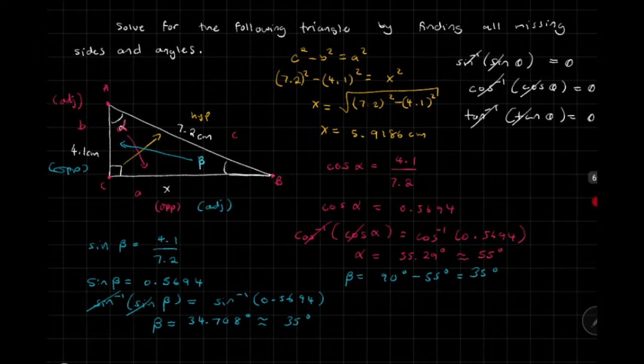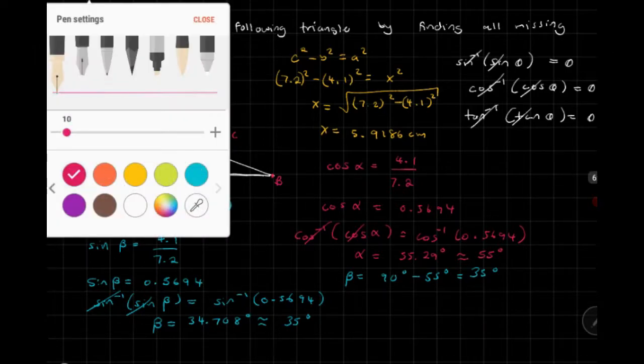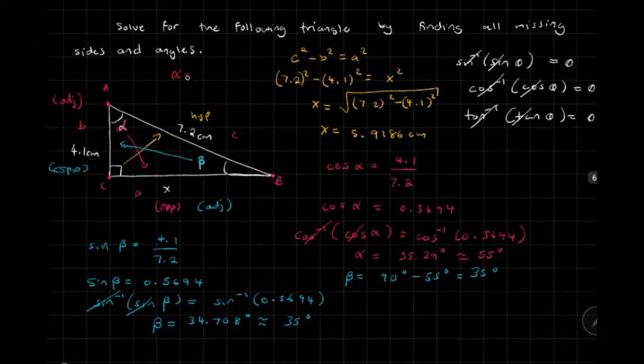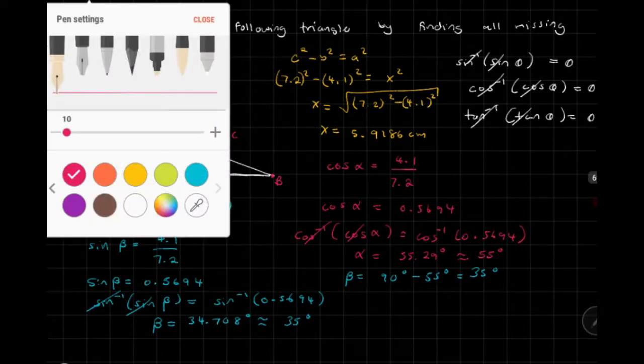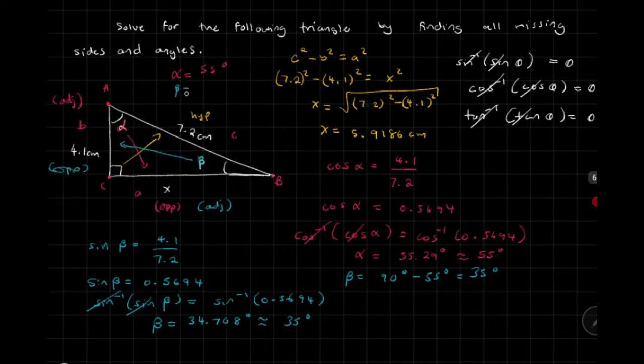Now, in that sense, we know how to solve for alpha and beta, right? So alpha here is 55 degrees, rounding to the nearest angle, and beta here is 35 degrees if I round to the nearest angle. And I want to solve for x.